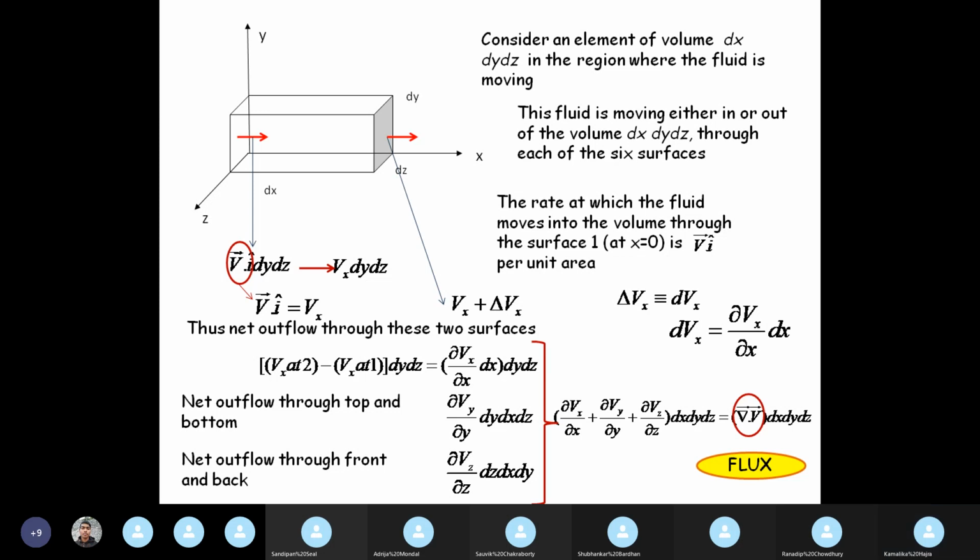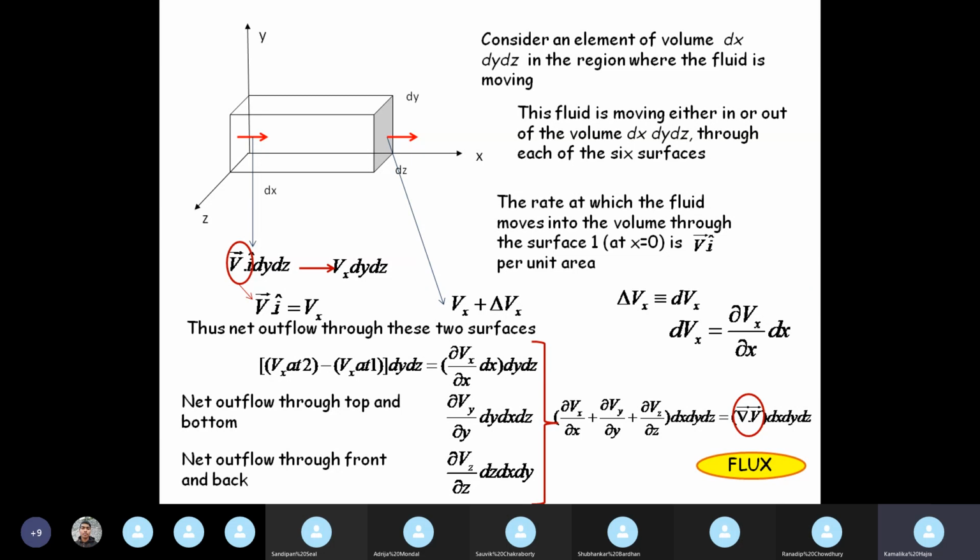So you really don't have to learn this derivation, but it will be good for you if you understand it, because then you will clearly know why divergence is basically the flux.